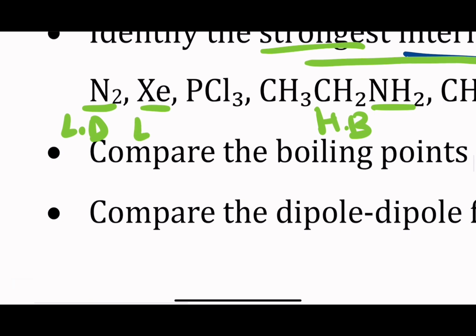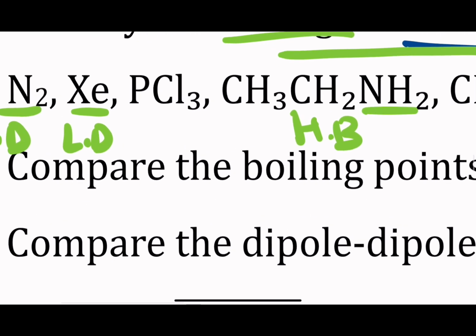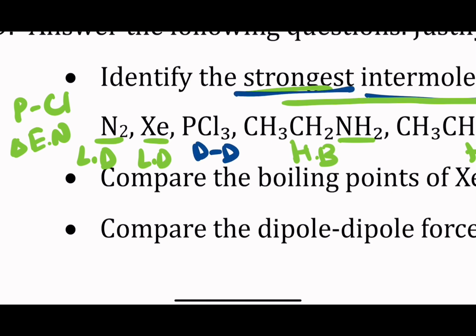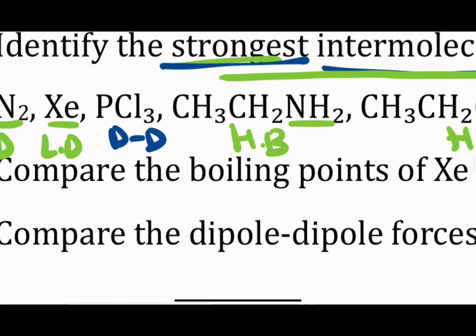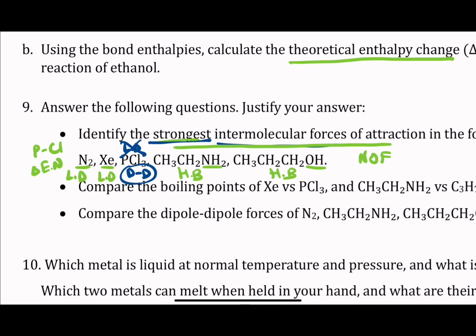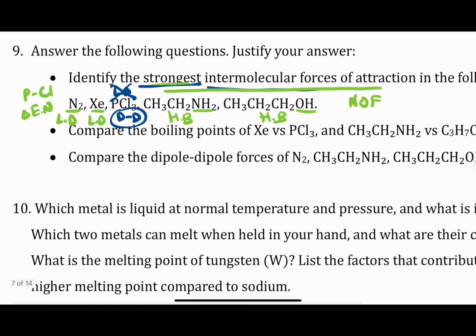Because they are made only by themselves, they are non-polar, so we don't have a dipole, so all we have is London dispersion. In PCl3, we have phosphorus and chlorine. There is an electronegativity difference between them, so this one will have a dipole. That's the strongest it has. Even though it has LD, we don't mention it because we only look for the strongest one. It doesn't have hydrogen bonding, and that's the answer.